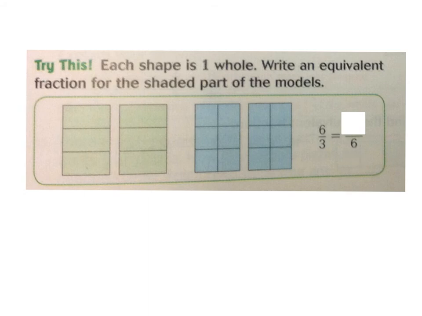When I count the total number of equal parts for the blue model, I have 1, 2, 3, 4, 5, 6, 7, 8, 9, 10, 11, 12. So my numerator is 12, making the fraction 12/6. So 6 thirds is equal to 12/6.